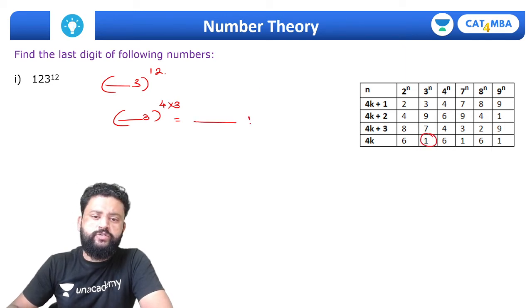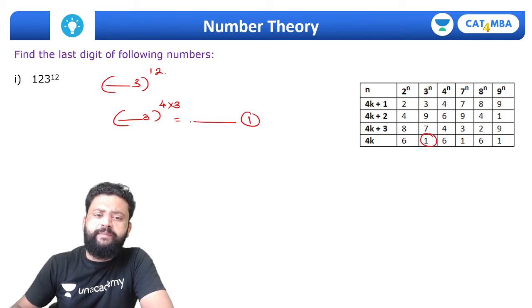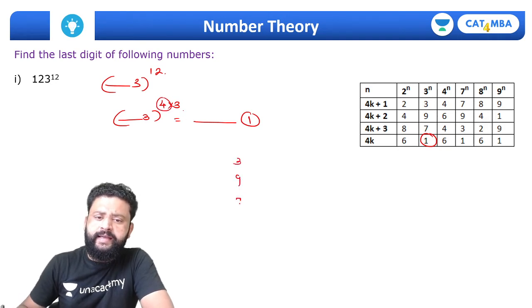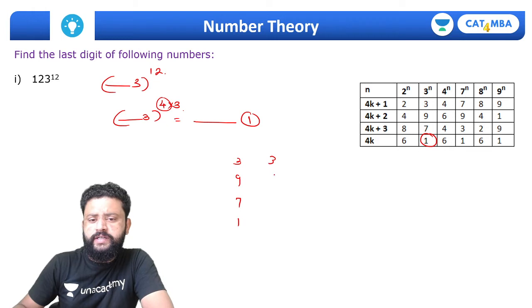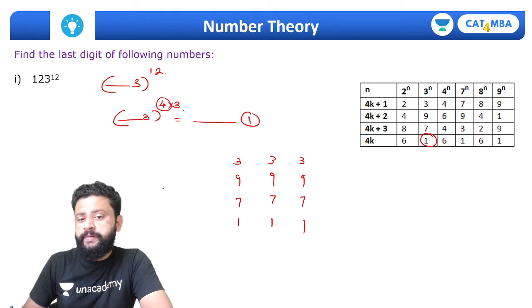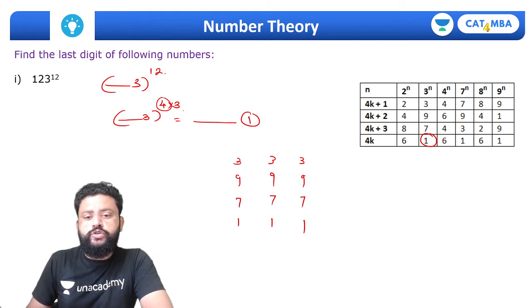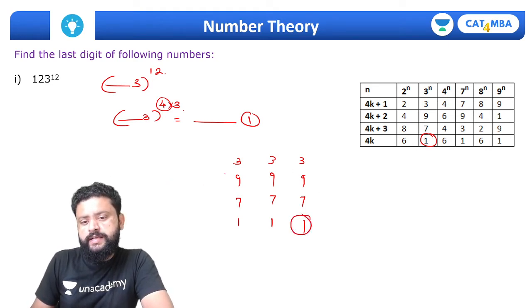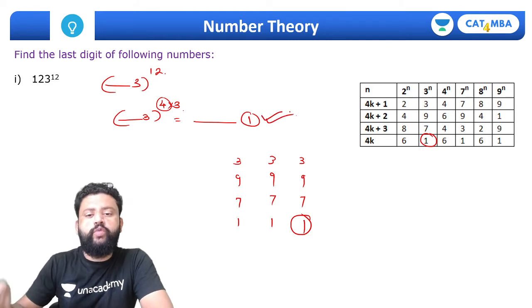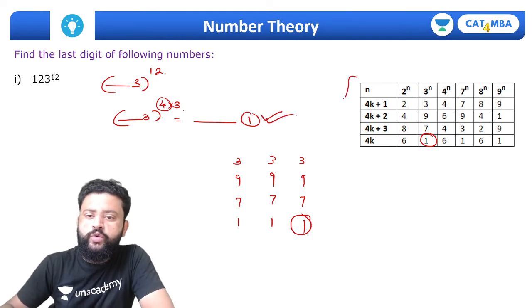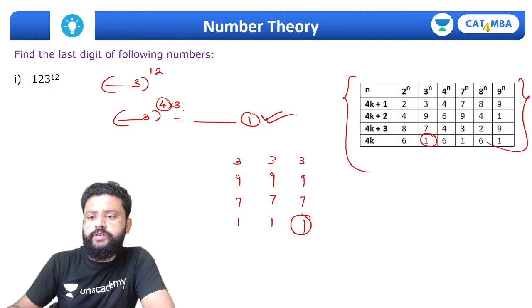So the last digit is going to be 1, because 4 4 के 3 group बनेंगे: 3, 9, 7, 1, 3, 9, 7, 1, 3, 9, 7, 1. This is what will happen 12 times. So the last digit of this calculation is going to be 1. So that's how we'll build up the shortcut part.